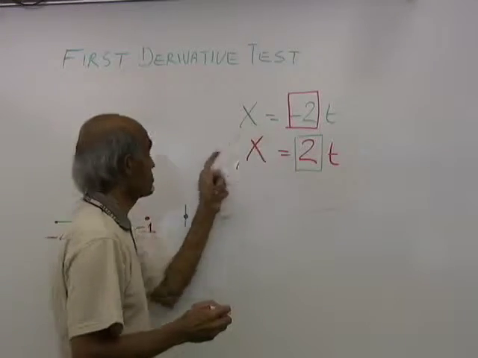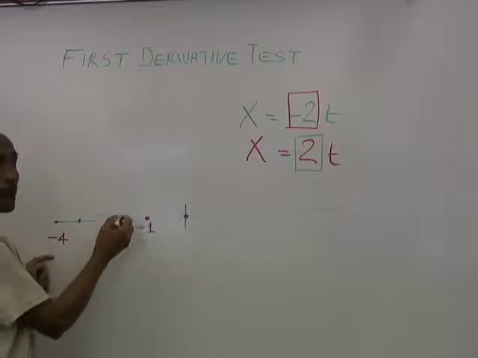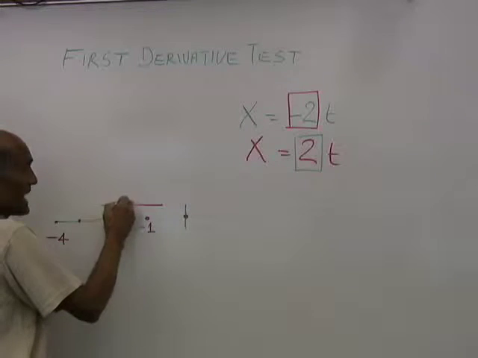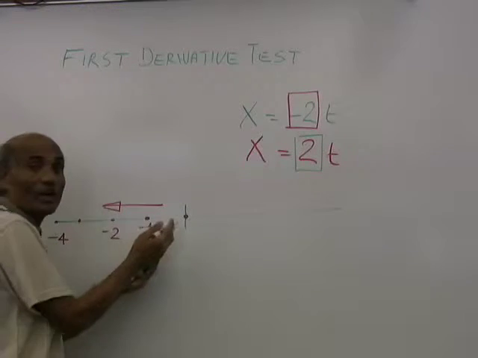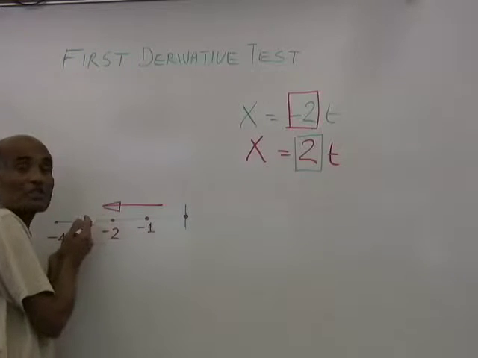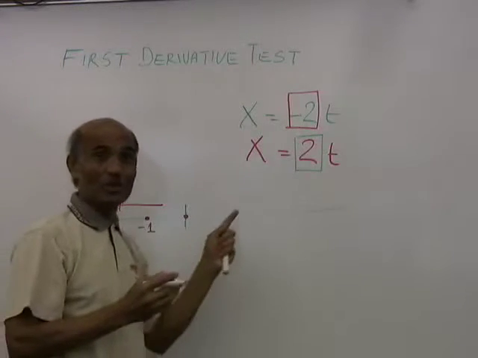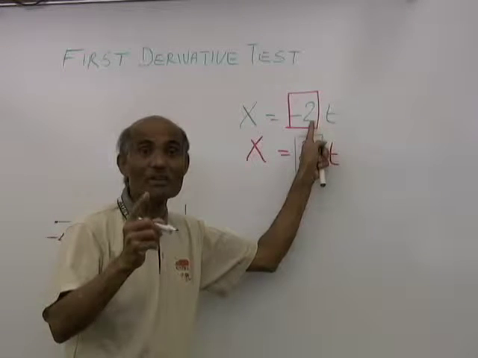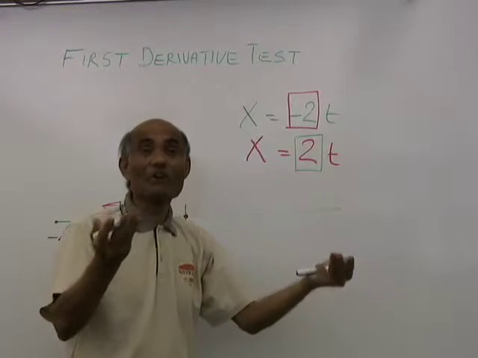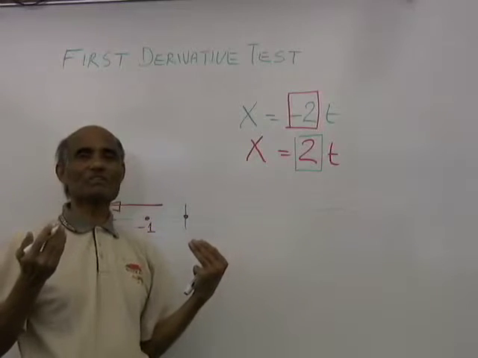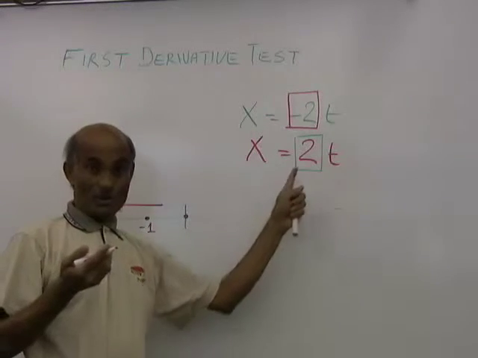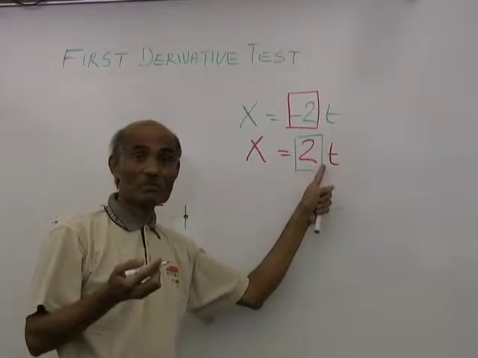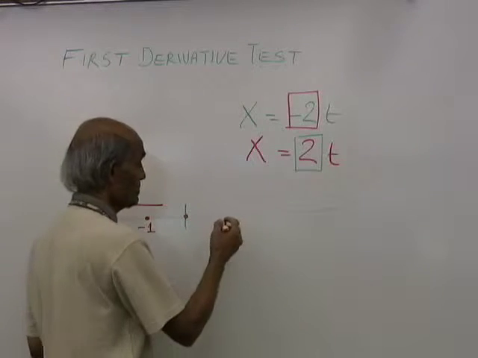At t equal to 2, the object is at negative 4 meters. What is happening to x? x is decreasing. So, if the derivative of a function is negative, it tells you that the function is a decreasing function.